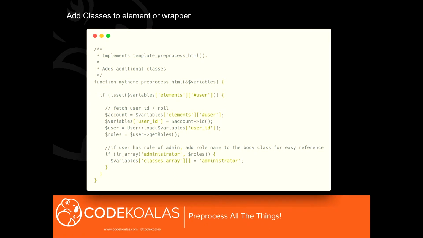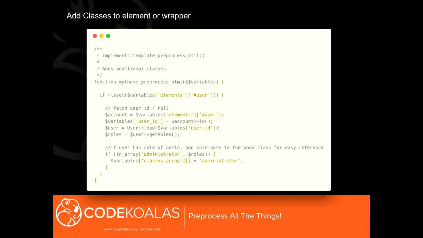Another example: if we wanted to add exposed filter titles to the wrapper classes, in this example I am using the theme hook details, which is just a details element they commonly use in the exposed filters.